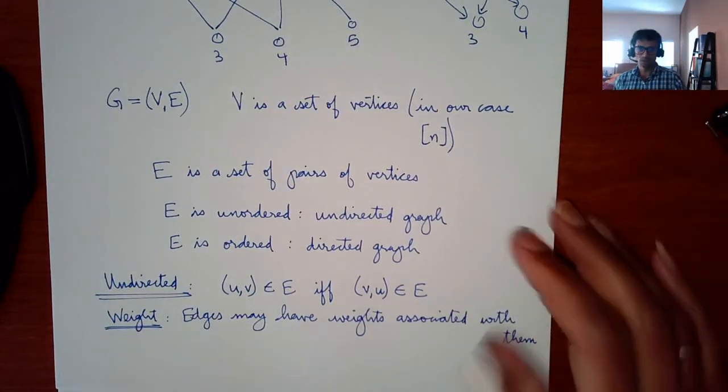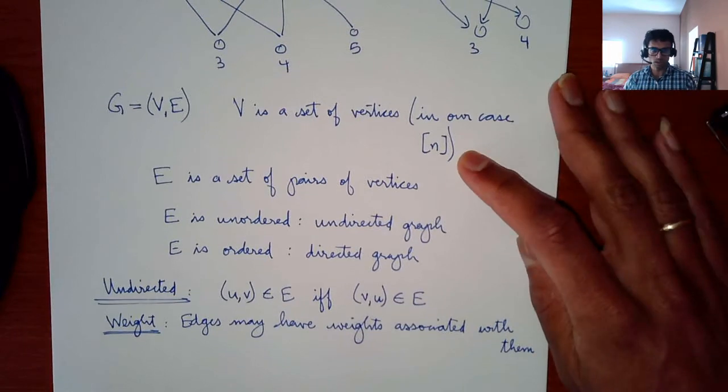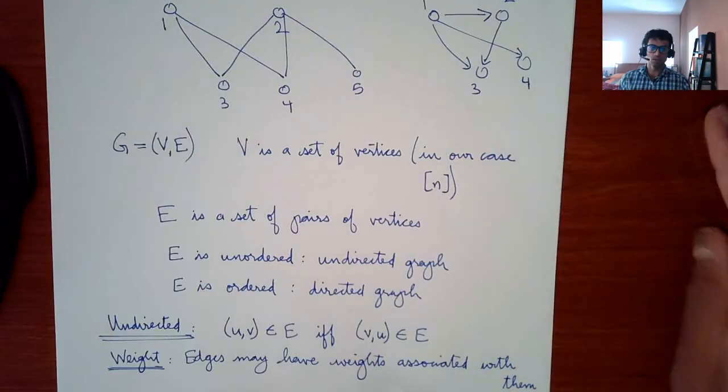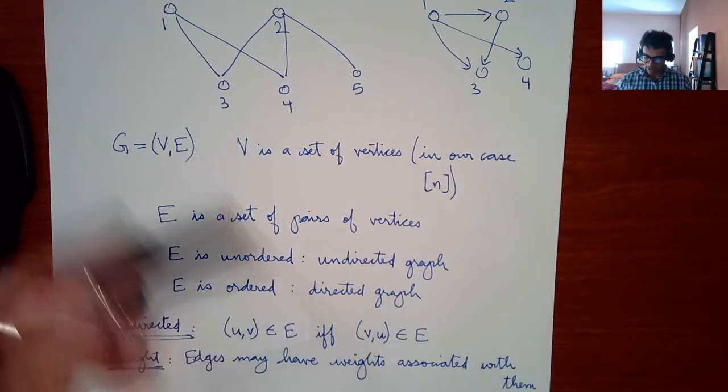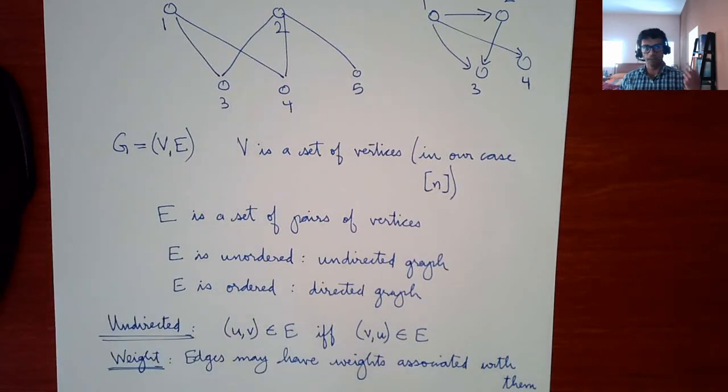And so you can think of, if you were representing a road network, then your vertices would be your intersections, the edges would be the roads. In some cases they're directed, in some cases they're not. Like, you could have some one-way streets and you could have some that are not one-way. And you may have a weight which might actually be the distance that road represents. So this is like a representation of a road network. And we will construct a data structure to represent that and algorithms to process graphs.